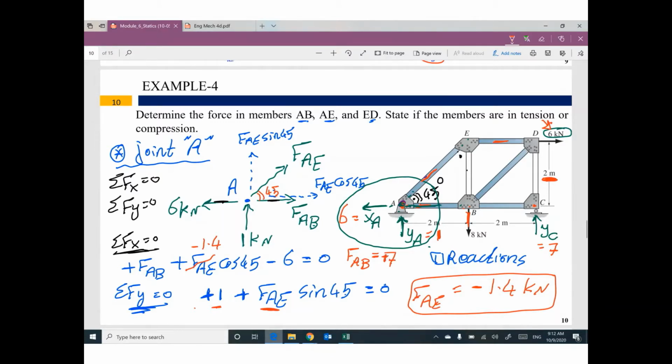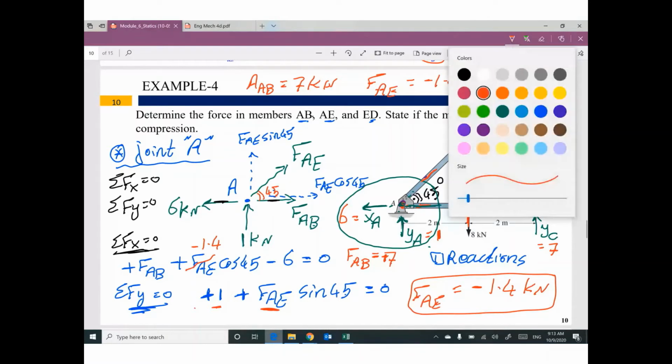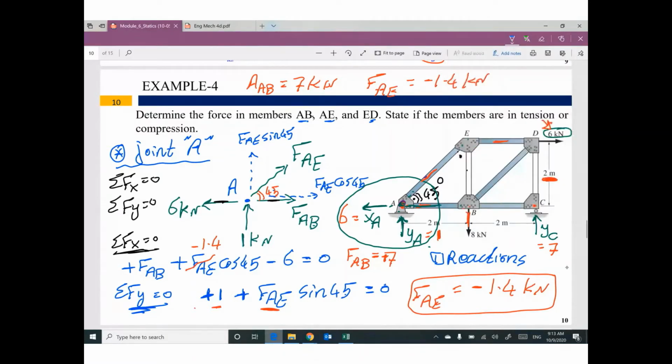So final decision, FAB equals 7 kilonewton, FAE equals negative 1.4 kilonewton. Do you remember, guys, last time I told you what is the meaning of positive value? What is the meaning of negative value?